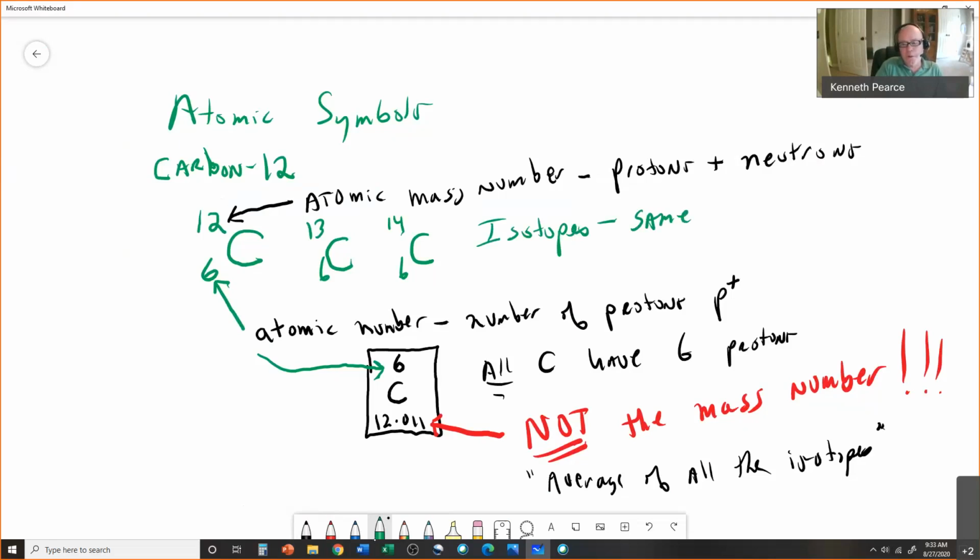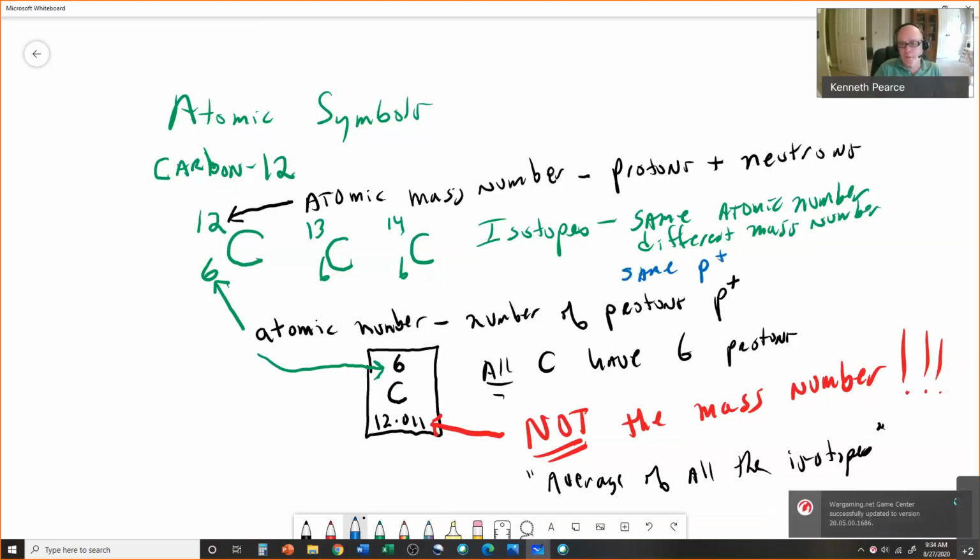Same atomic number, different neutrons, or different mass number. Another way of saying this is same protons, different neutrons.